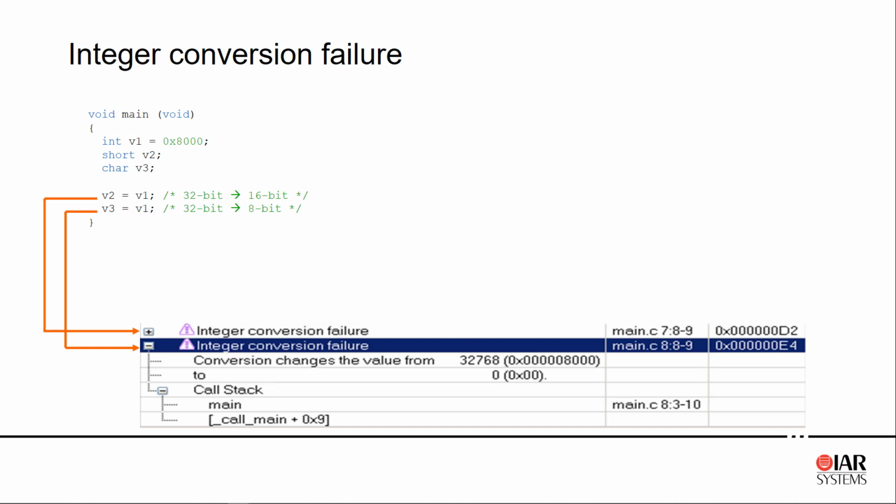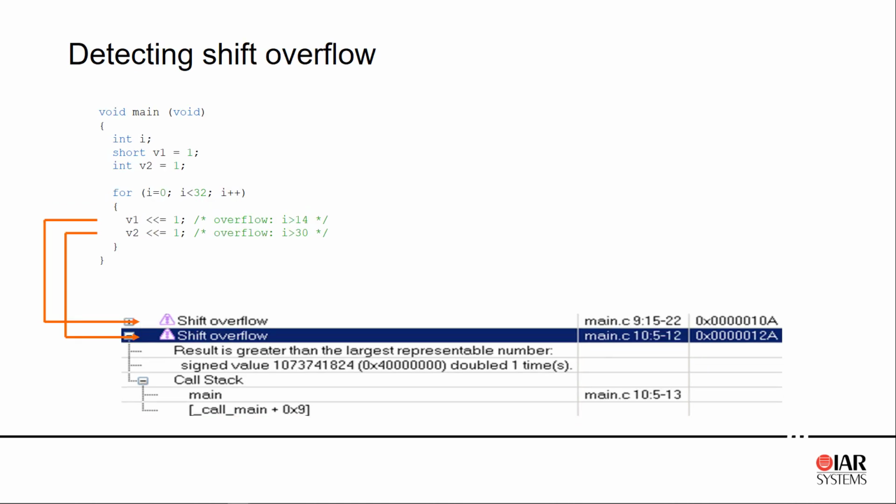So this can oftentimes cause a problem, particularly when you're doing an implicit cast to or from a signed to unsigned quantity or vice versa. So what can happen is that you may not be cognizant of the fact that you're doing an implicit cast, and so you get an unexpected interpretation of what that variable is.